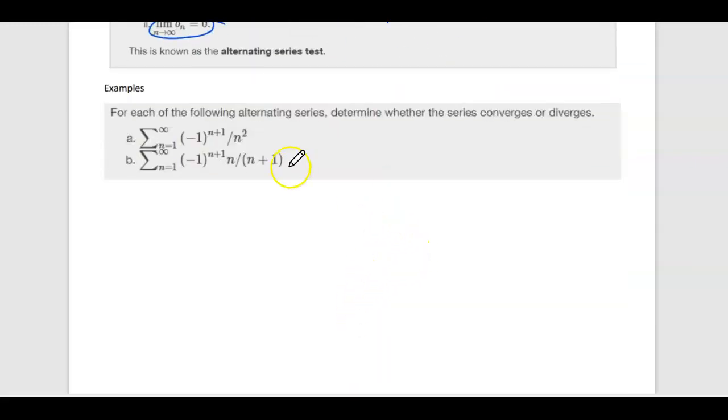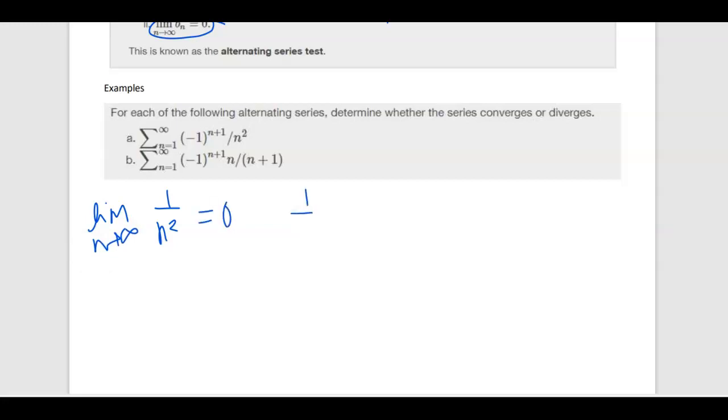If I have the alternating series negative 1 to the n plus 1 over n squared. Well, 1 over n squared, if I take the limit as n goes to infinity of that, I get 0.